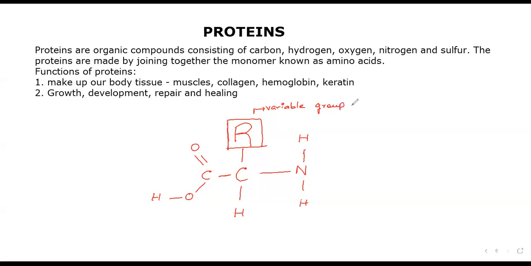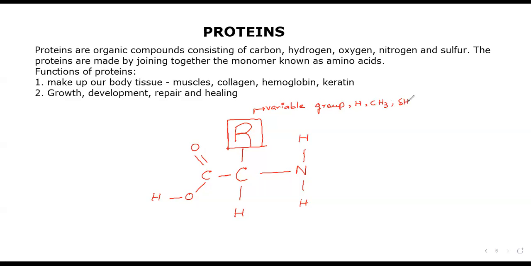I can have another hydrogen as well, that's also possible. Or I can have CH3, or I can have sulfur present. I can have anything at all: a hydrogen ion, a sulfur ion, a nitrogen ion. Any such thing can possibly be present. The R group can be anything, C2H5, anything at all. So the R group is our variable group.